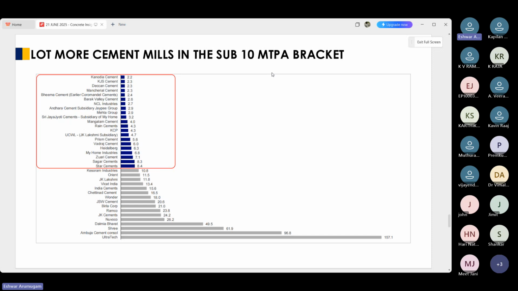For example, when CK Birla sold Orient Cement to Ambuja, that was because they had lesser focus in the cement business, and it was also not very ROE accretive for them. So yeah, these are some of the reasons why cement mills come into the acquisition radar of the bigger companies.